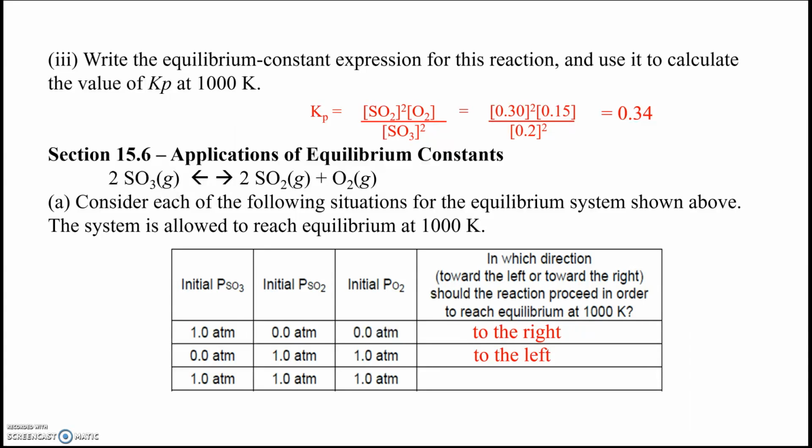And now when I see I have 1 atmosphere of each of the 3 substances, this is also going to move to the left, because my concentrations of SO2 and O2 are higher than at equilibrium. So I've got more products than I really should have, so this will move back to the left to restore my equilibrium state.